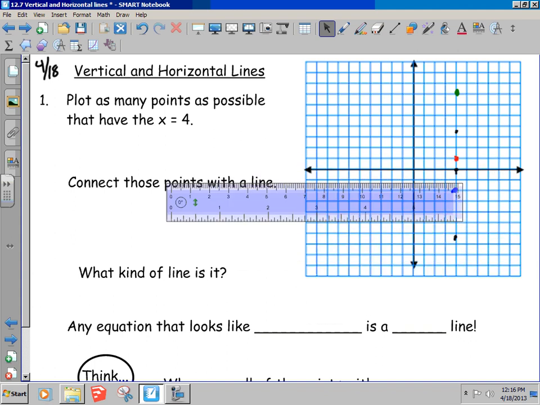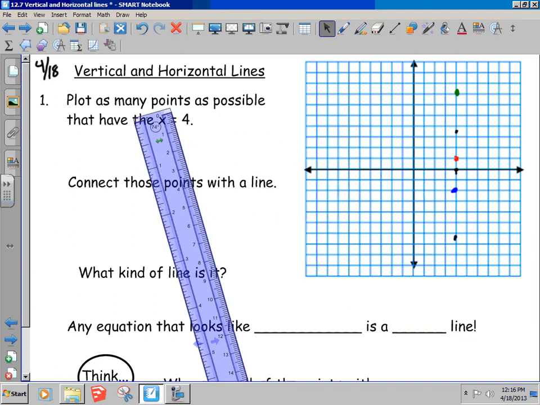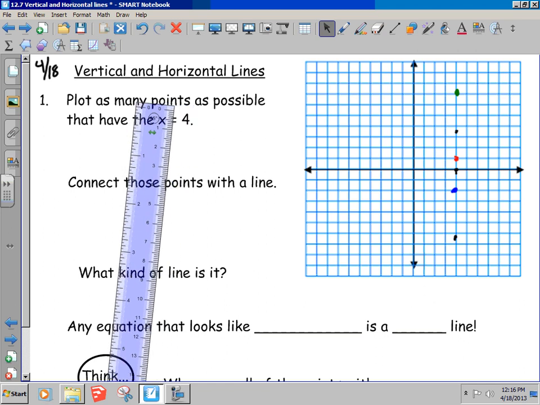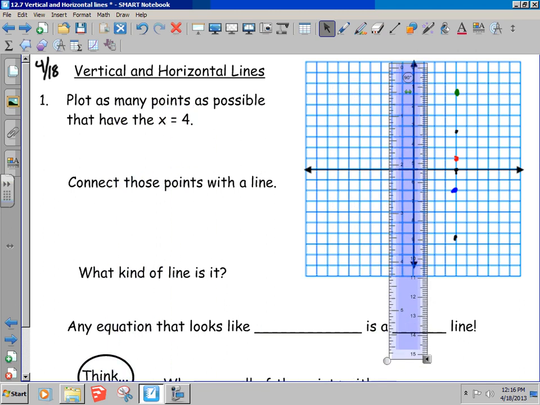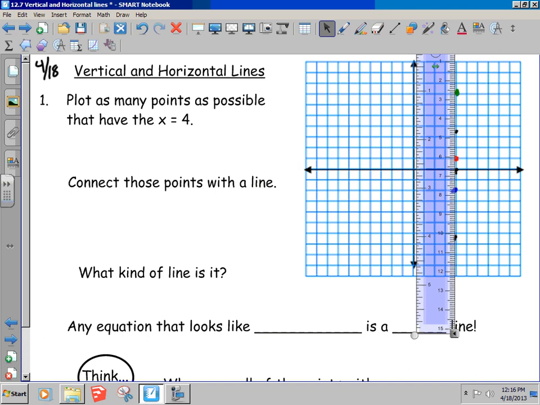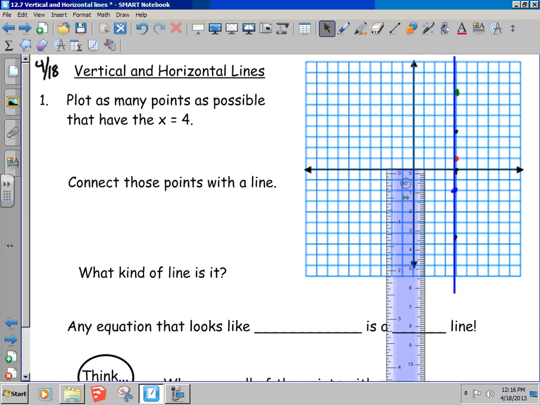So go ahead with your ruler and make the line that it would form. Make sure you make it a good line by putting arrows on both ends and labeling it with the equation, which is just x equals 4.